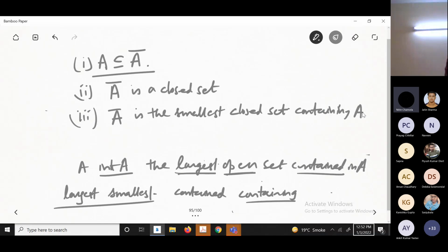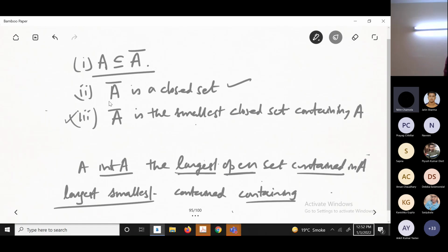So you should first prove this, and then you should prove this. I think I have given this exercise somewhere. Yes, that is theorem 3.2. A bar is a closed set. If B is a closed set containing A, then A bar is contained in B. That is the same thing. This is the smallest closed set.